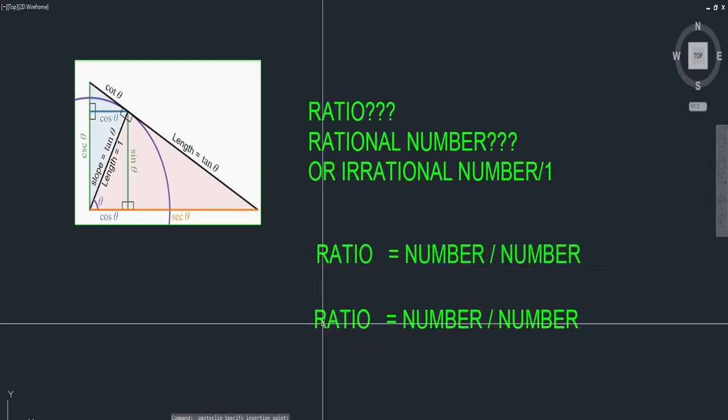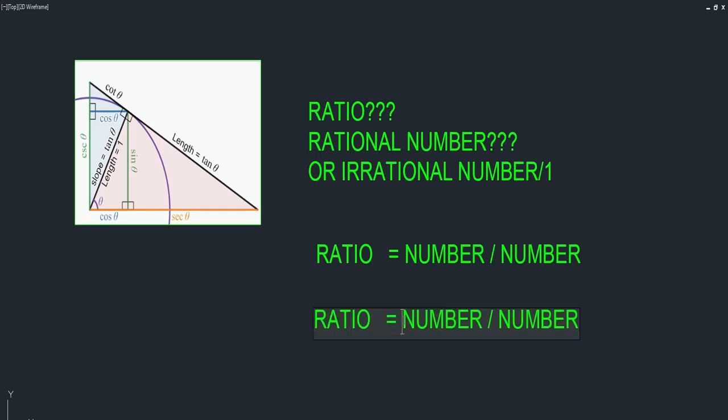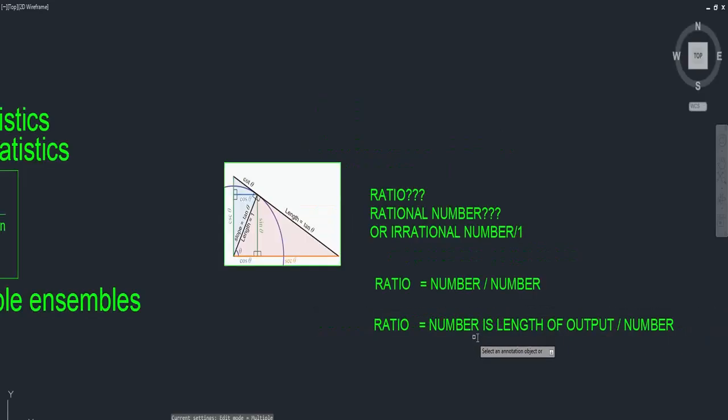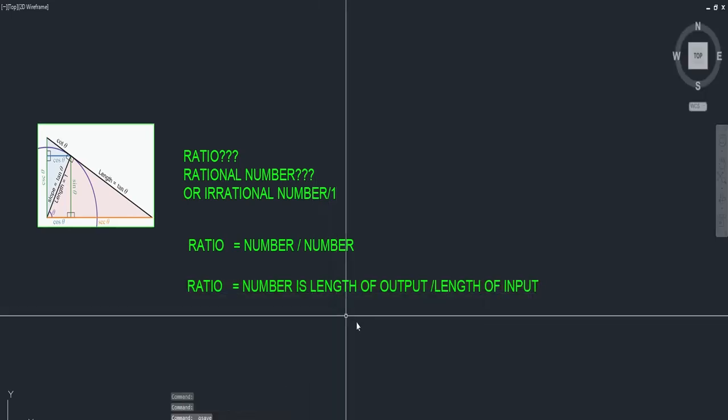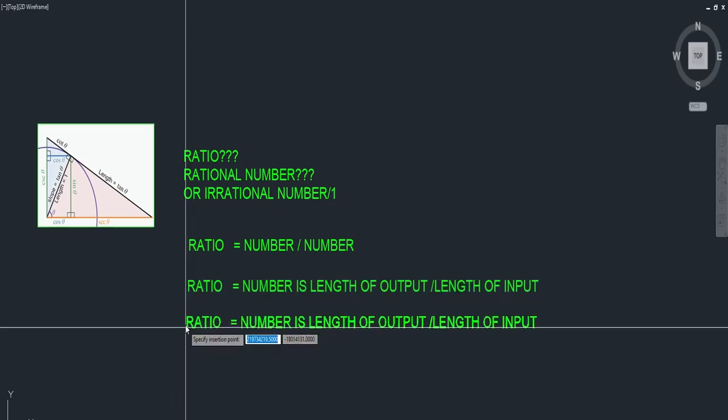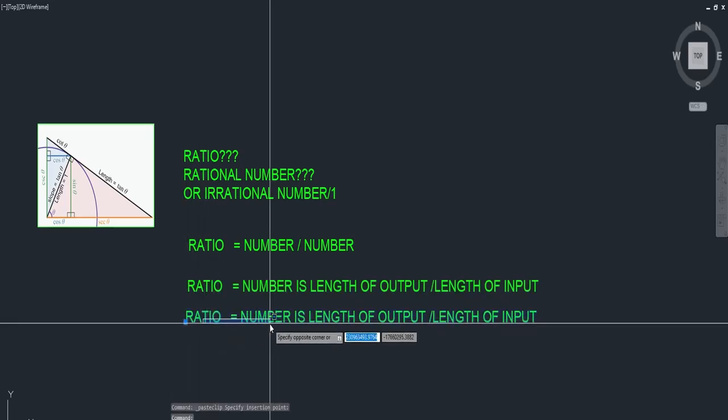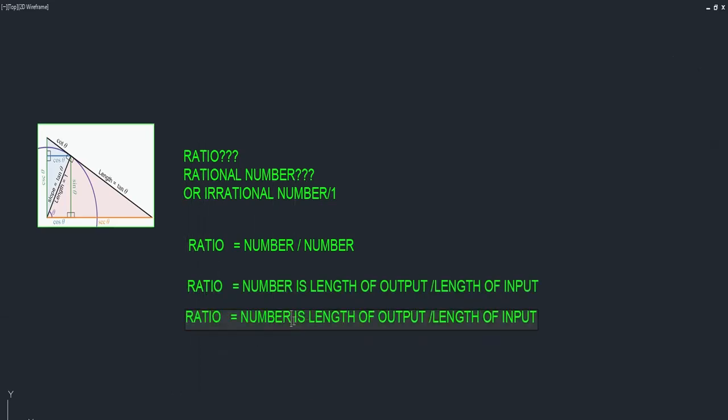But geometrical statistics considers the numerator to be the length of output and the denominator to be the length of input. But the lengths are numbers, and these numbers are hiding the reality. The reality of the non-commutative world is hidden through the numbers.